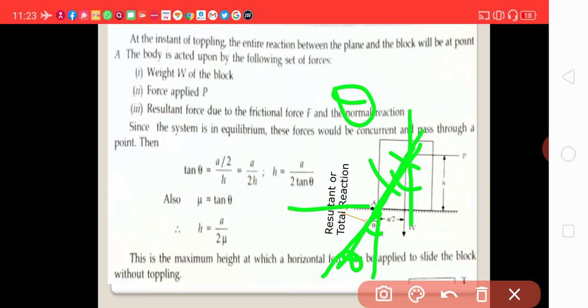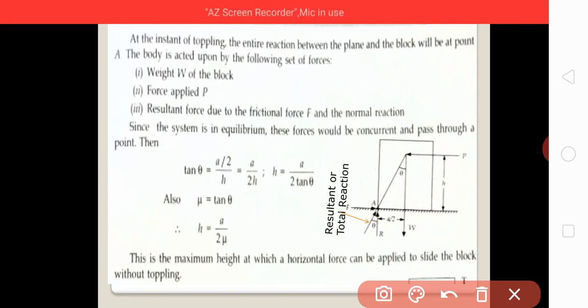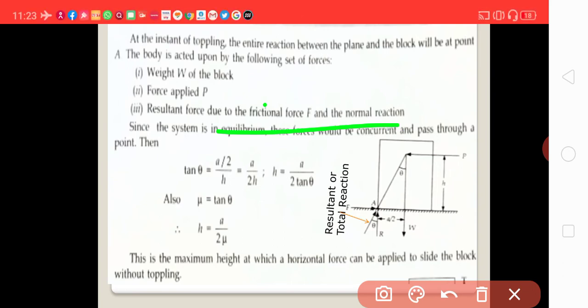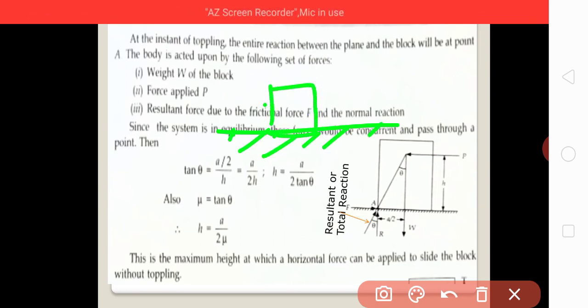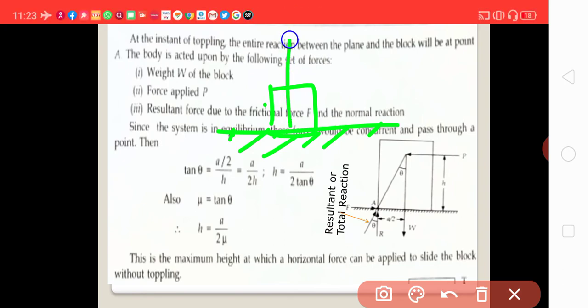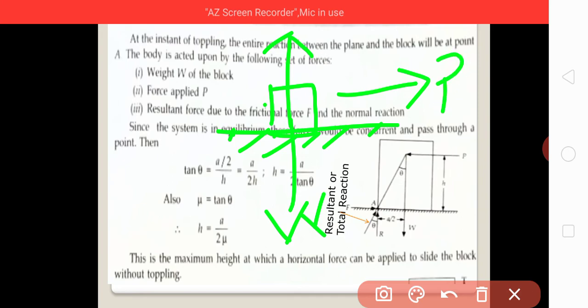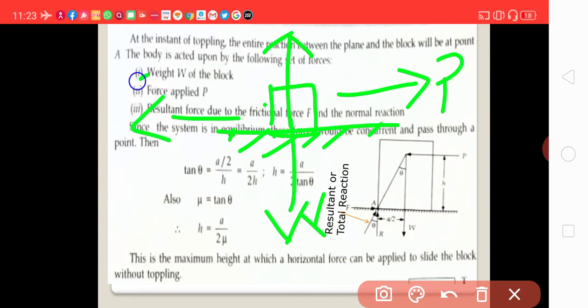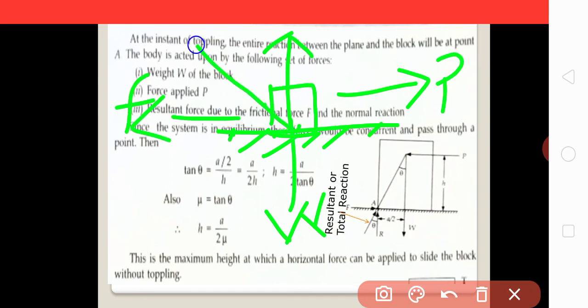We have read already the angle of friction. How did we read it? This is the surface, we are keeping a block here, then normal reaction upward, weight downward, and the force applied say P, then this is the frictional force here, and this theta is the friction angle.